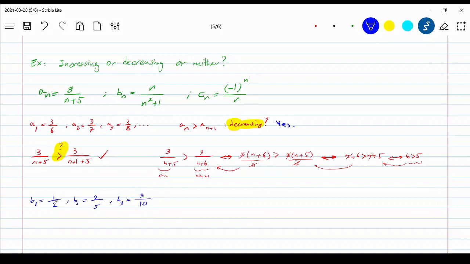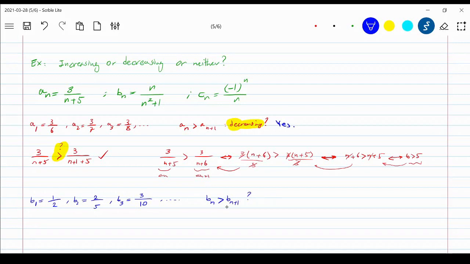You can see that 1/2 is larger than 2/5. 2/5 is larger than 3 over 10. Note that 1/2 is 4 over 10, which is larger than 3 over 10, and so on. You can continue. So what we see is that Bn is larger than Bn plus 1.